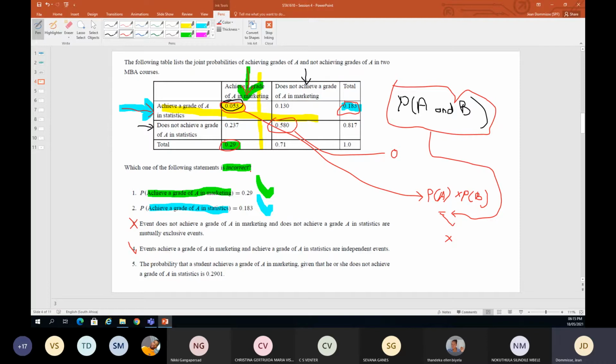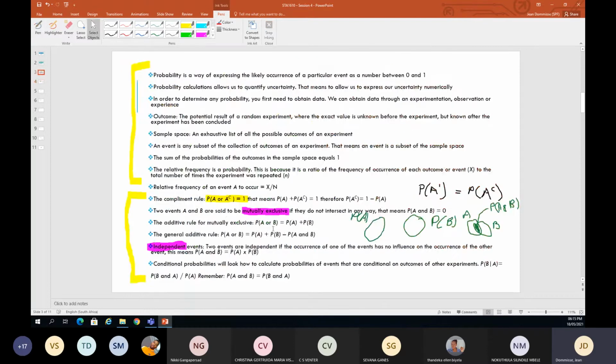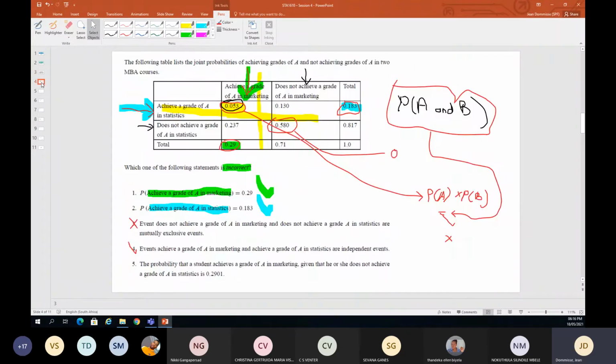So when you do this assignment later on, if you look at the pages that I sent through this morning onto WhatsApp, you can use that. You can use this as well, nearly to say when is something independent and when it's mutually exclusive, and for you in the exam as well. So it's not that you're not allowed to use this, you can. So use it in the exam, use it nearly to get to the answers.